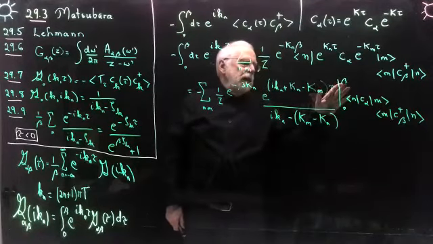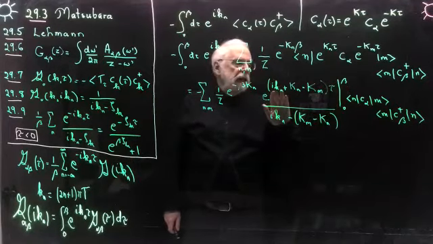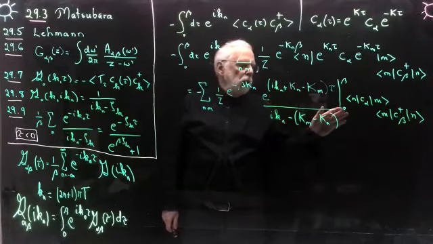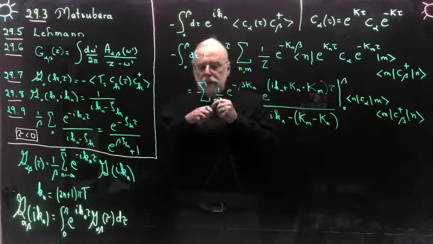Now, when I go to beta here, this will become beta. And we have already seen that beta times i k_n gives minus 1. And when I go to the lower bound, I will also have a minus. So this minus is gone.